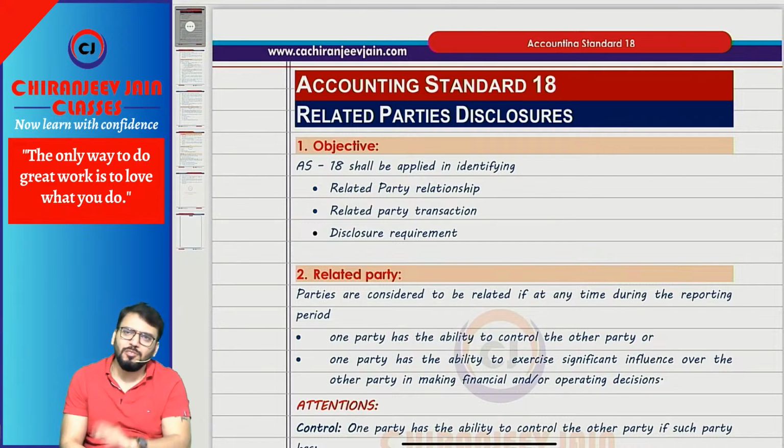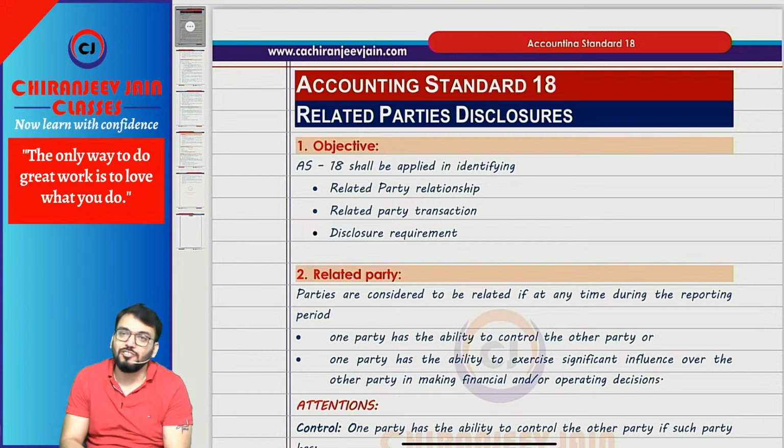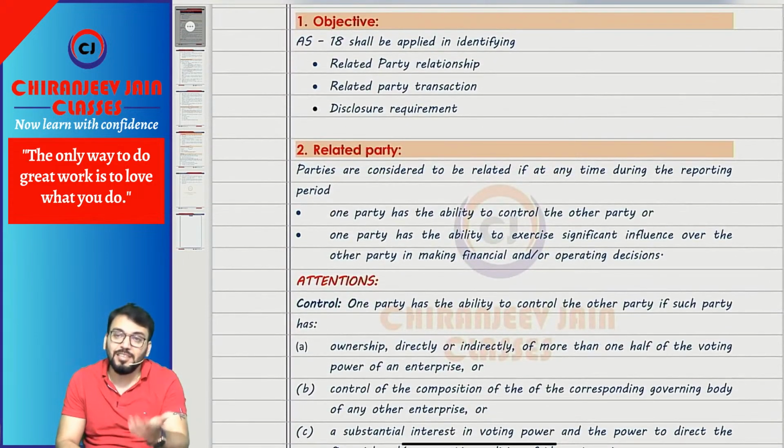So there are 3 points which we need to understand. First, what is the related party relationship? Second is what? Related party transaction. And then last is what? Disclosure requirement. So first, how to identify a related party relationship?